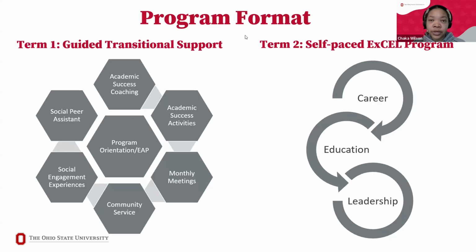One of those includes SMART goals, if they are considering transitioning to grad school after graduation, or if they need help with setting up appointments for counseling for financial aid or scholarships. We also have monthly meetings where we have guest speakers and presenters to help acclimate students to the resources on campus. We have community service involvement.